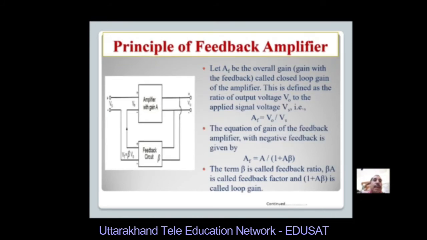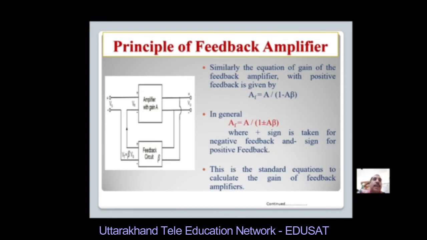Hence, the gain of the feedback amplifier with negative feedback is AF equal to A upon 1 plus A beta. This beta is called the feedback ratio here. Beta A is called the feedback factor and 1 plus A beta is called the closed loop.